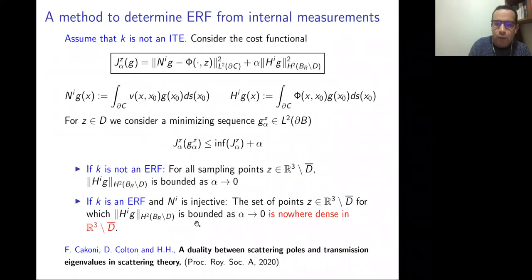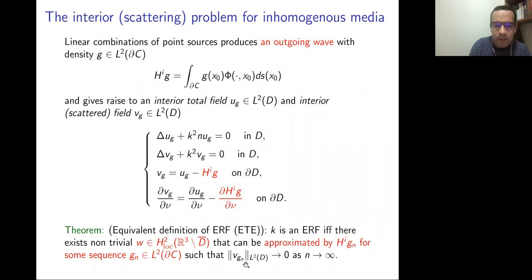And what we can prove, once again, is that this is an equivalent definition for scattering poles. So defining k this way, or defining them as being the k for which there exists a non-trivial solution to the exterior problem, is equivalent.